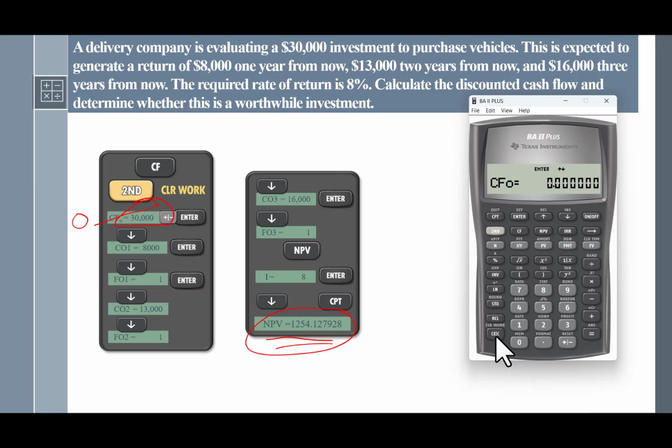So let's grab our calculator now and go to CF0. Let's clear work, and we have to enter what? 30,000 as the initial investment, and it's negative. We're going to go to C01, that's 8,000. Frequency 1, 13,000.